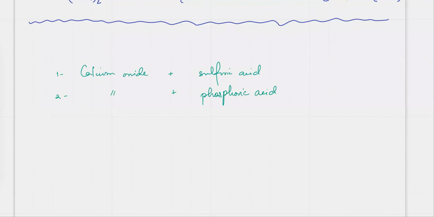Then let's talk about the carbonate plus acid reaction. So let's take iron 3 carbonate. Remember, transition metal, the charges are given. So react it with hydrochloric acid. So salt, water, and carbon dioxide would be produced.